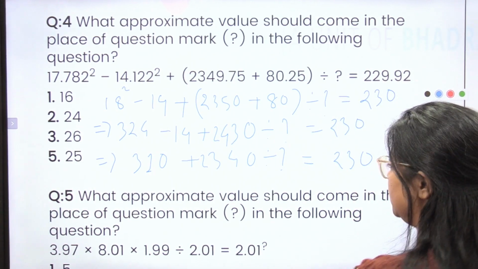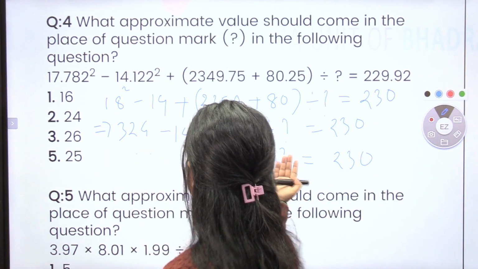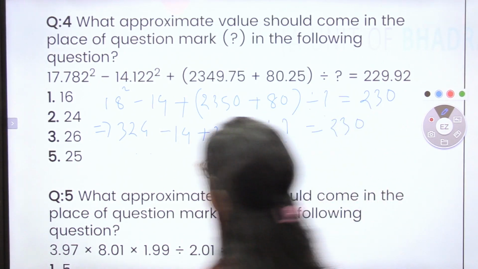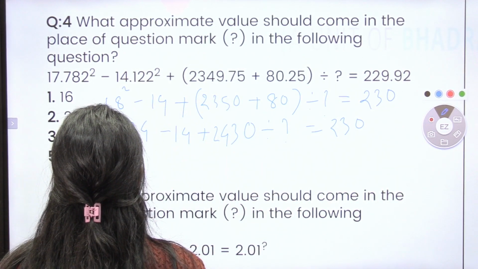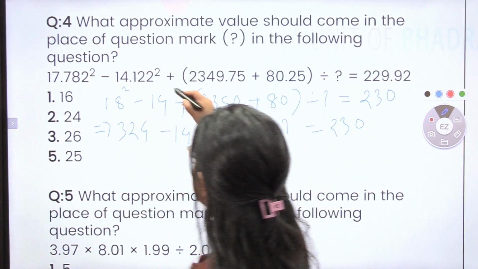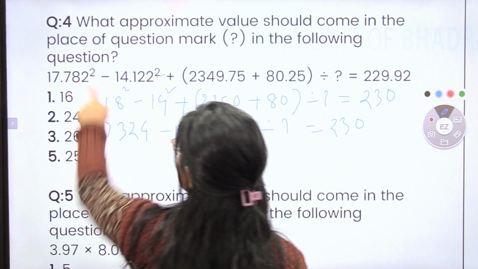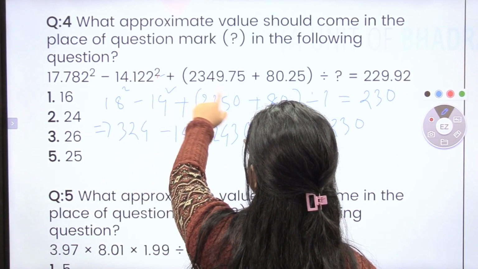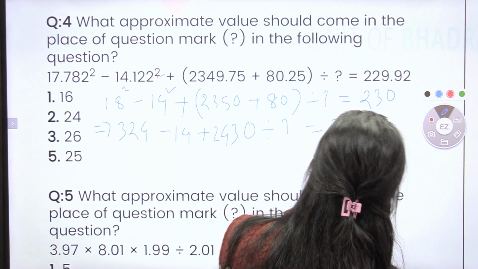No, there is something wrong. Let's see the question again. Here you see there is 14 square. 18 square minus 14 square plus 2350 plus 80 division question mark is equal to 230.